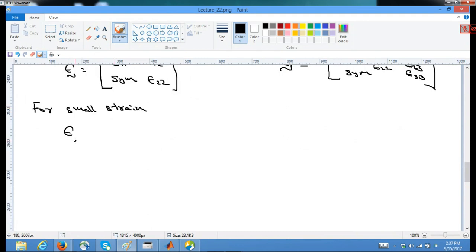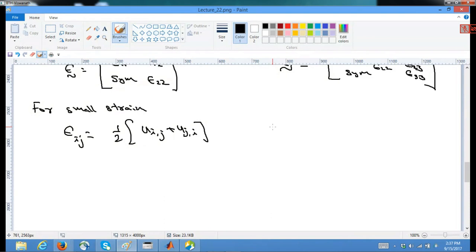epsilon_ij is given by 1/2 of (u_i,j + u_j,i). Since the quadratic terms are neglected from the finite strain part, the small strain, this gets interchanged.